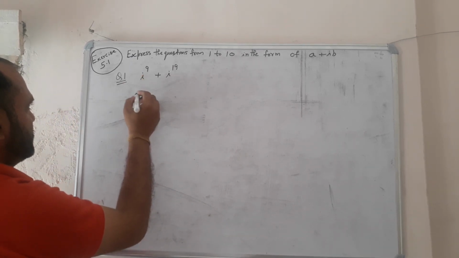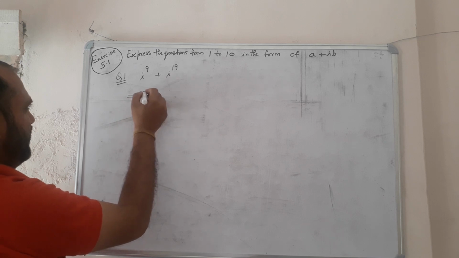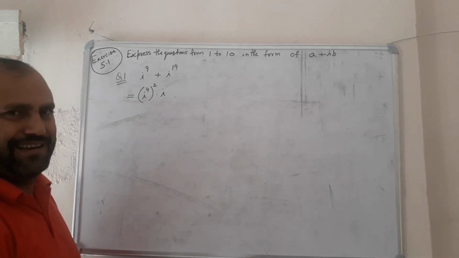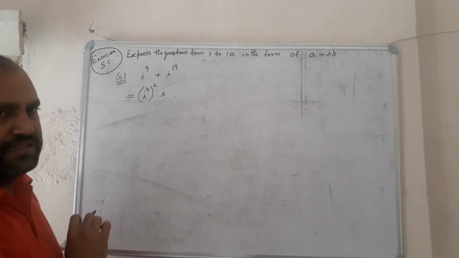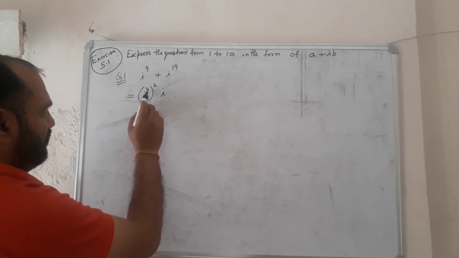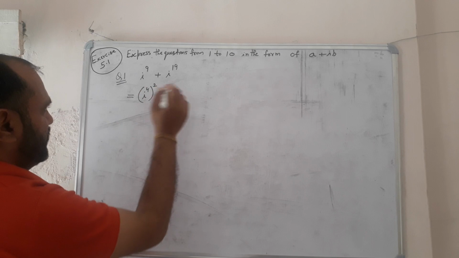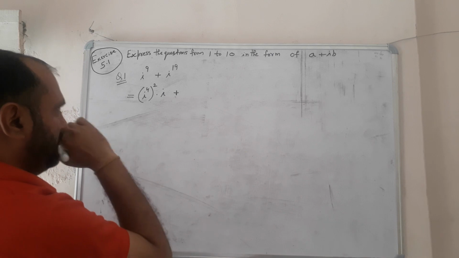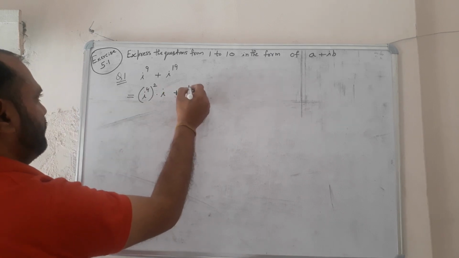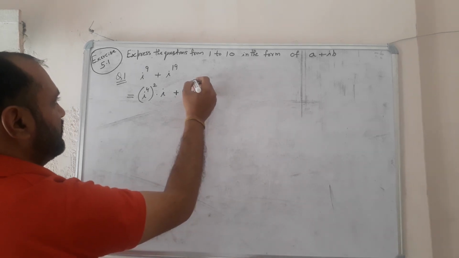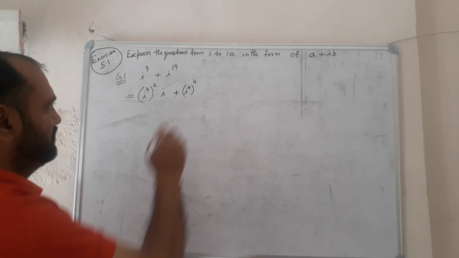So we split this: iota power 9 means iota raised to the power 8 into iota, and iota raised to the power 8 is iota raised to the power 4, whole power 2, into iota. Similarly, plus iota raised to the power 19, it is iota raised to the power 4, raised to the power 4, which becomes 16.